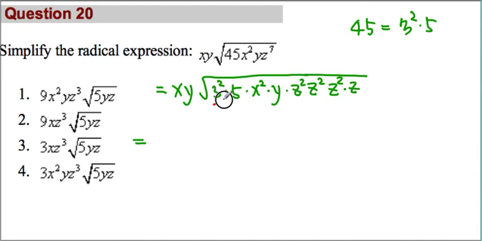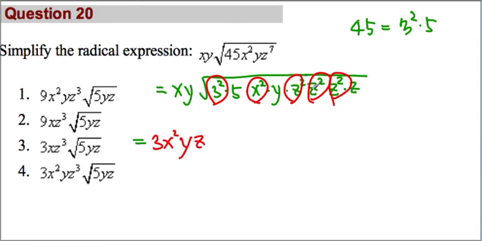Then let's circle the perfect squares here. Then we have 3 coming out. x was already there, but I have another x coming out, so we have x squared. y was there, but no other y coming out. z, how many of them? 1, 2, 3. z to the third power. And square root of 5yz. Then what do we end up getting? Yes, the answer is choice 4, I believe.